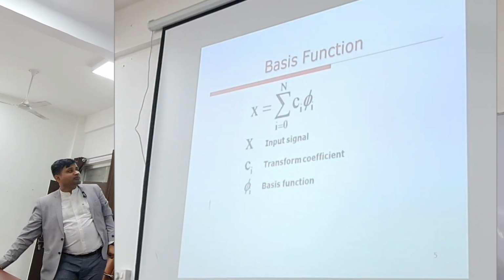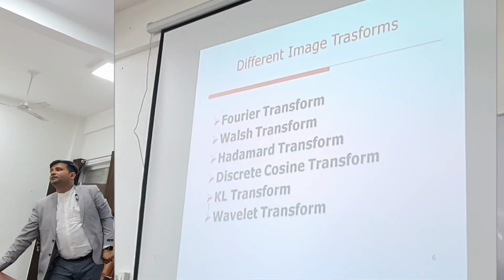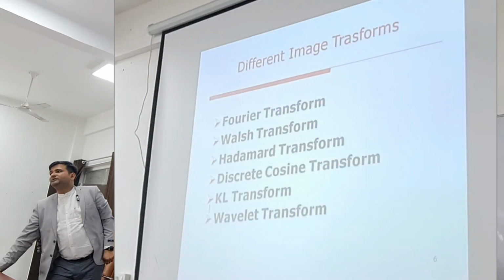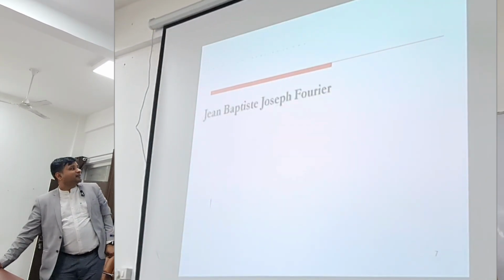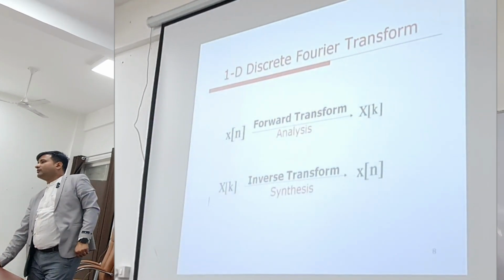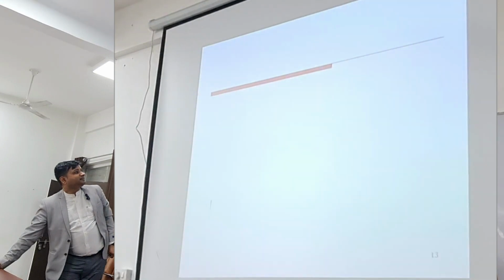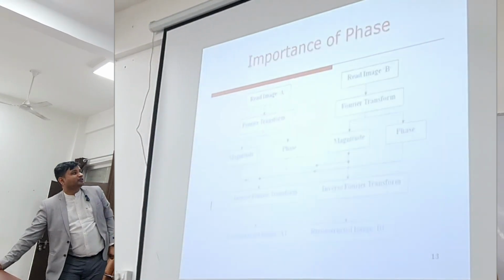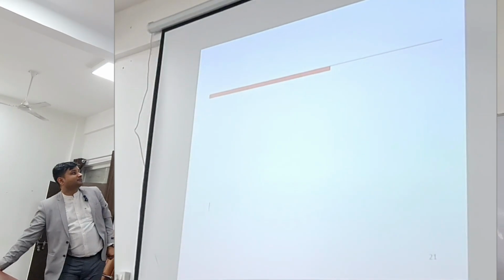The discrete cosine transform is used for the JPG compression algorithm, Joint Photographic Experts Group, lossy compression. That's why the DCT is the most popular and most useful transform for compression purposes.